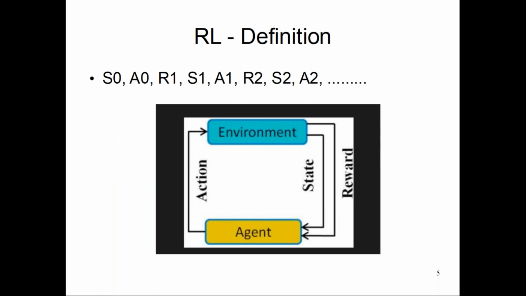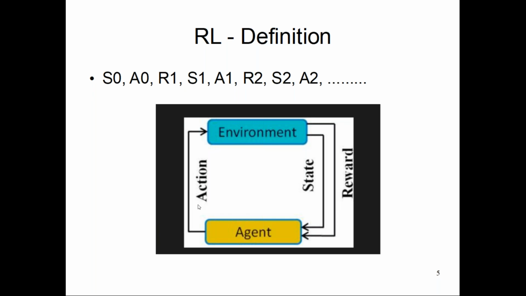Now this is the basic definition of how the reinforcement learning situation works out. Down below you have the agent. The agent is the reinforcement learning algorithm, which is taking an action. On the top you can see S0, A0, R1, S1, A1, R2, S2, A2.